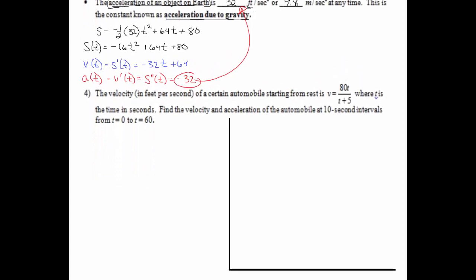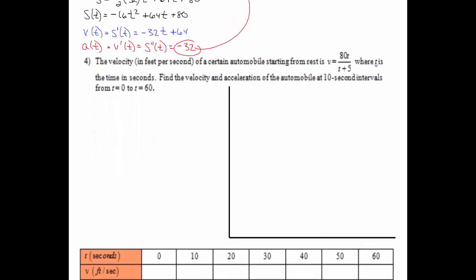Let's start to apply this when we see other types of acceleration and velocity functions. So in number 4, we see the velocity in feet per second of a certain automobile starting from rest is 80t divided by the quantity t plus 5, where t is the time in seconds. Find the velocity and acceleration of the automobile at 10-second intervals from t equals 0 to t equals 60.